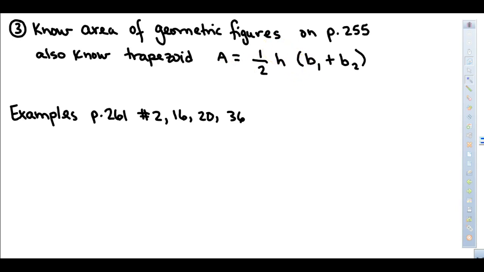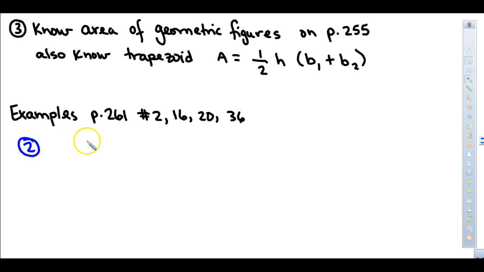Now, I just want to go through some examples to show you how to use those formulas a little bit better on page 261. I'm just going to do these 4 problems, I think. Look at problem 2 here.